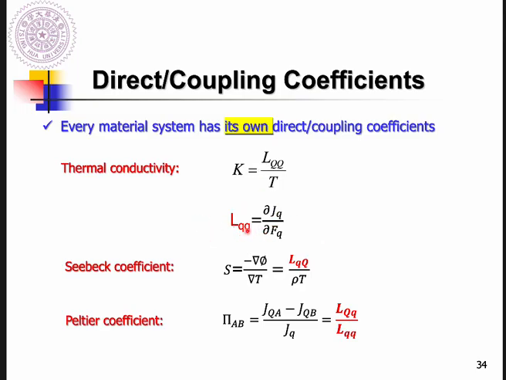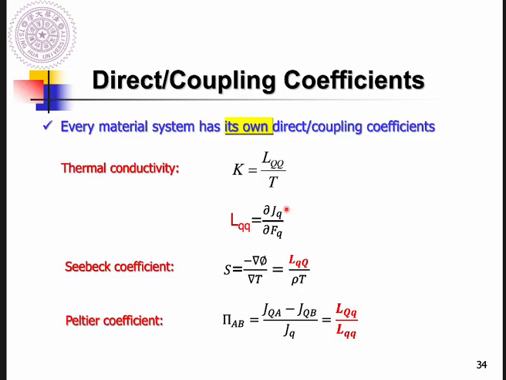Regarding L small q, it means that when you apply one unit of F small q, you get the change in current density. It also means that when you connect to a battery, the current density you induce passing through these materials will be related to what?